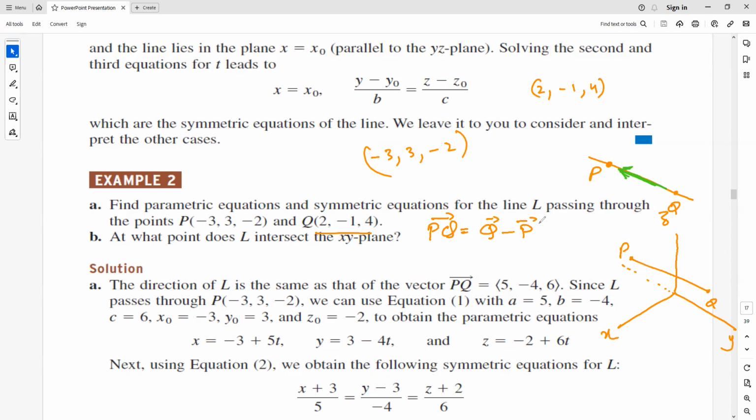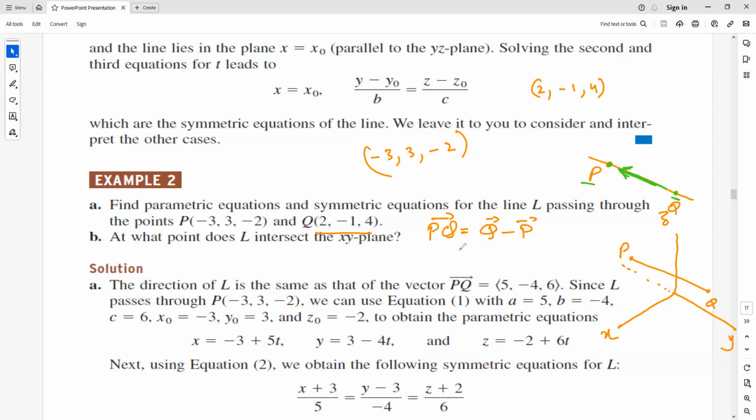This is how we can get a parallel vector, by finding the position vector of these 2 points, considering one point as the initial point, that is Q in this question, and P as the terminal point.